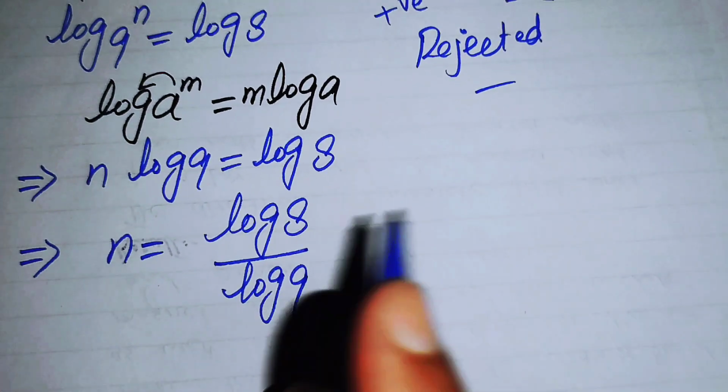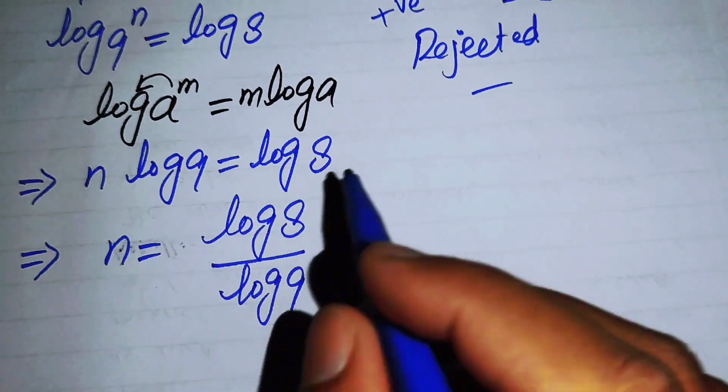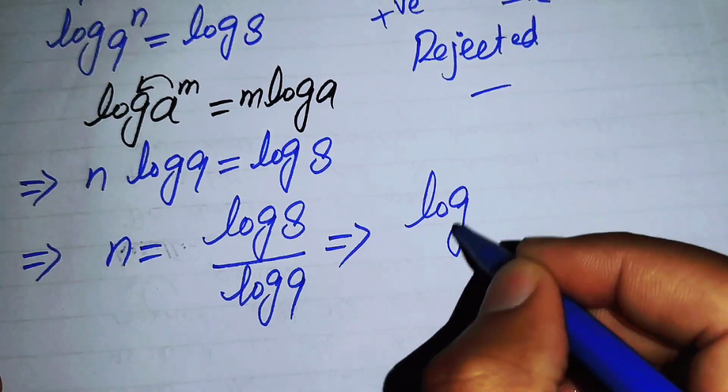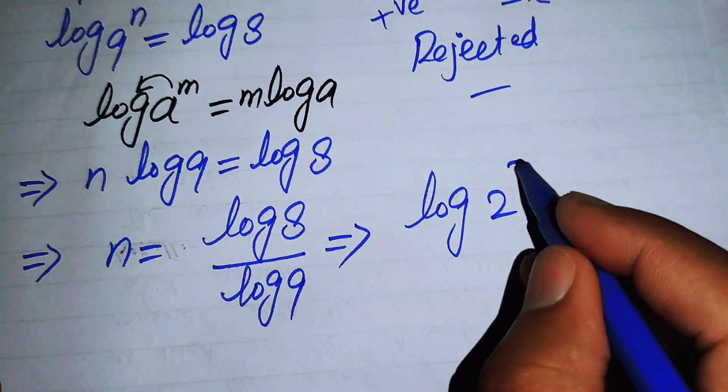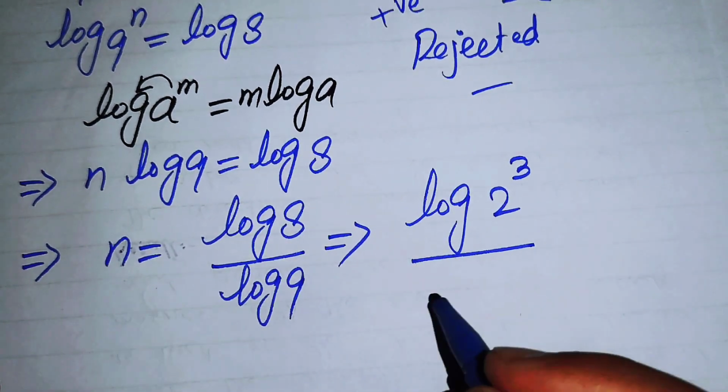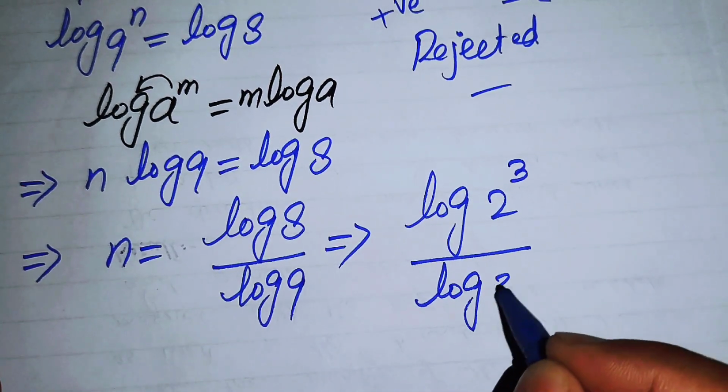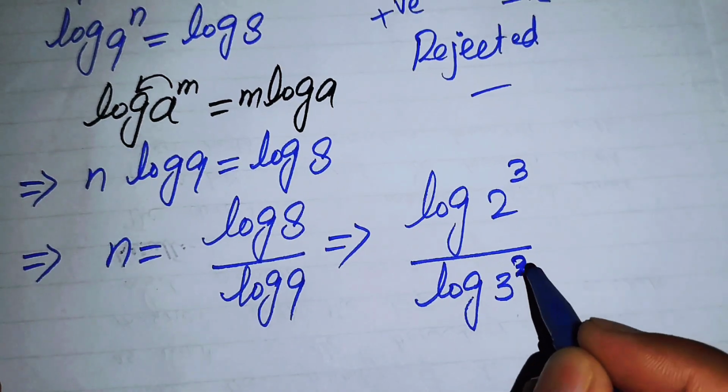Now we can write 8 as 2 to the power of 3, and the factors of 9 are 3 to the power of 2.